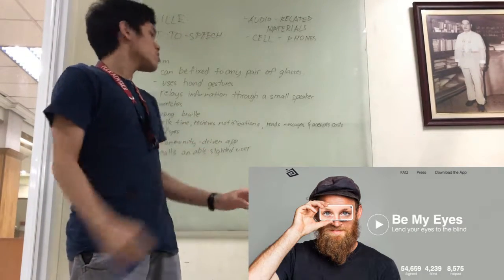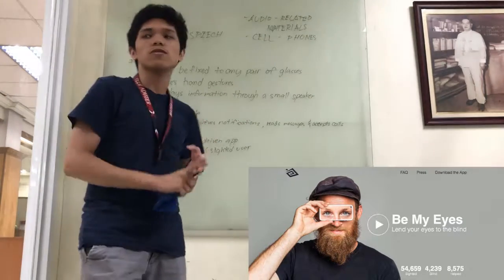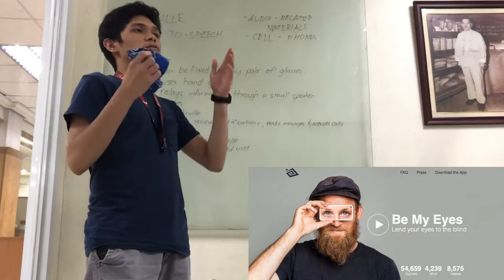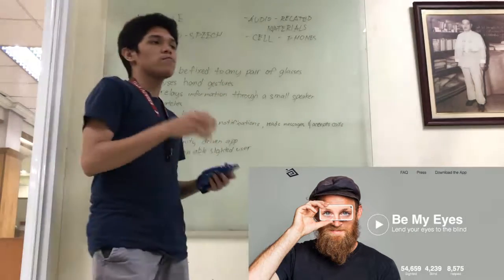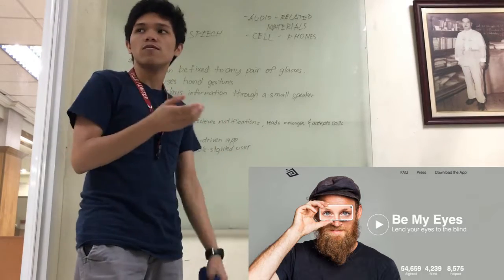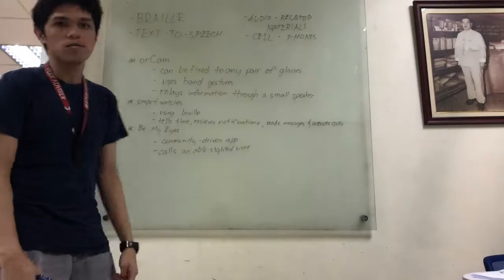It connects the two users through an audio and video call, so the able-sighted user can help the blind person understand whatever he or she needs help with. So that concludes my presentation.